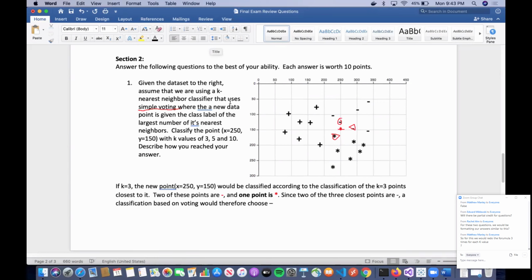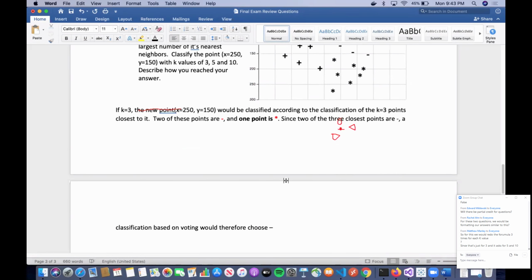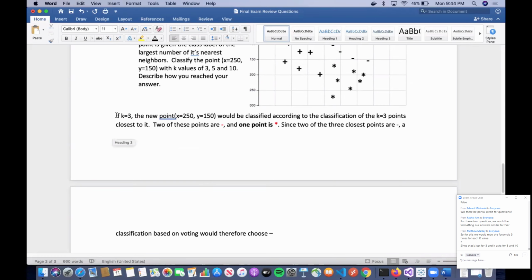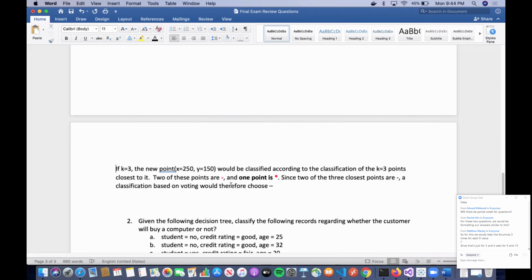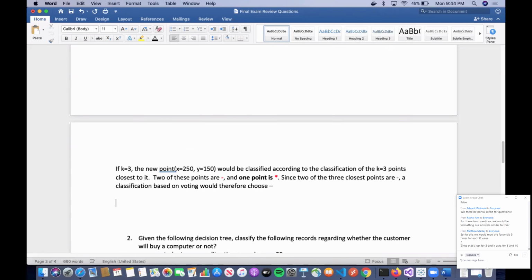Yes, you have to do this 3 times for the k value. It's not like a formula, but you have to explain, right? You have to do that 3 times.